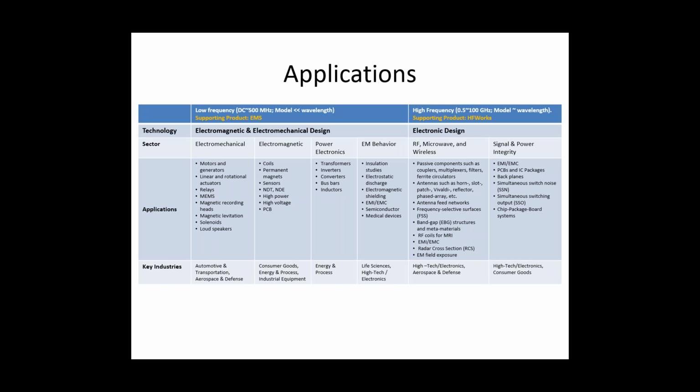Mainly, they can be used to design motors, generators, linear actuators, magnetic recording devices, solenoids, loudspeakers, etc. Permanent magnet-based devices can also be designed, sensors, high voltage, high power applications, transformers, inverters, bus bars, and also one can study electromagnetic shielding, electromagnetic interference, etc. using this product.